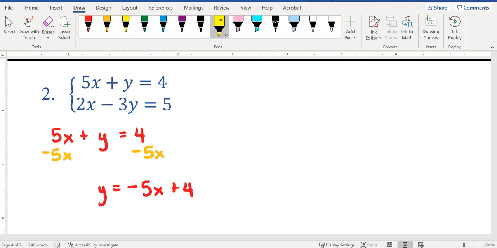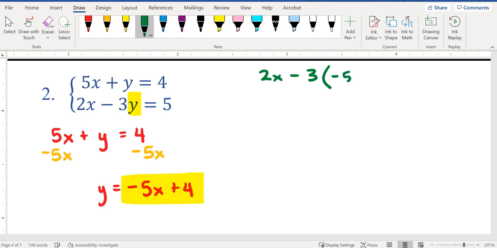Now, in the second equation, instead of writing y, I'm going to write -5x plus 4. So I have 2x minus 3 times, what is my y? -5x plus 4, and that equals 5.